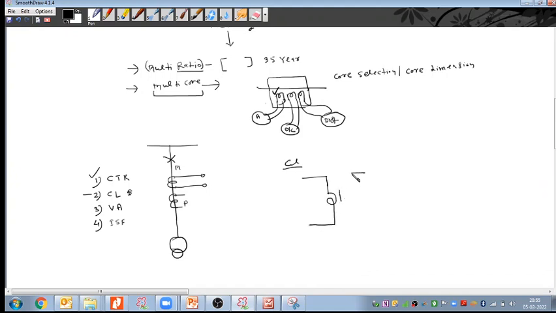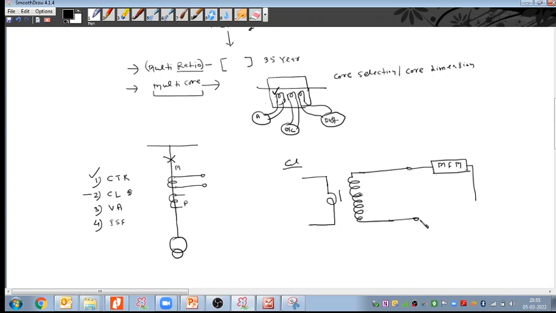On the CT secondary side, we have many turns, and here we have the output terminal of the CT. Now suppose we are connecting it to any multifunction meter or energy meter, right?